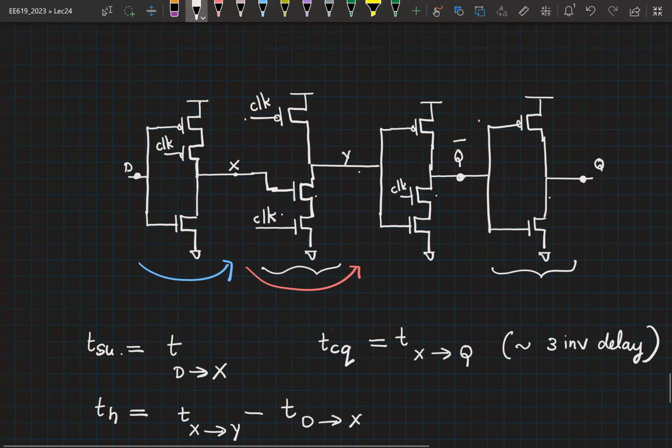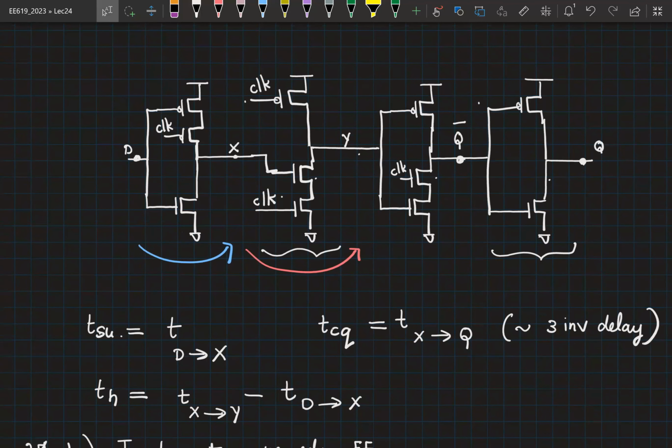Because in T-hold, right? Let's assume that the time taken for the data to come from D to X was immediate, right? Which means if the data changed at the rising edge of the clock, you can have a problem. Let's say data changed at the rising edge of the clock, it immediately reached here before Y has correctly evaluated.